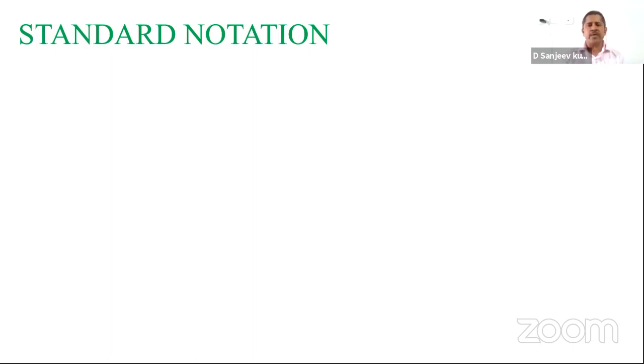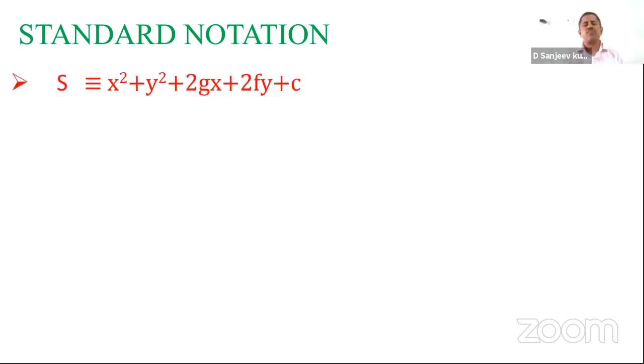Now we need to introduce some standard notations which are used in circles. You have the expression x square plus y square plus 2gx plus 2fy plus c. Do you recollect this expression? When equated to 0, we call this the equation of a circle.